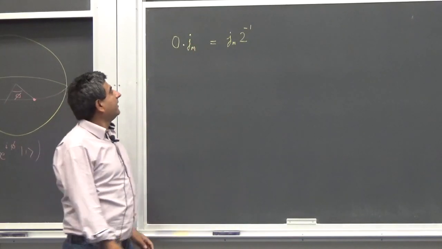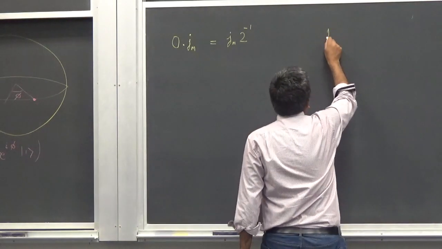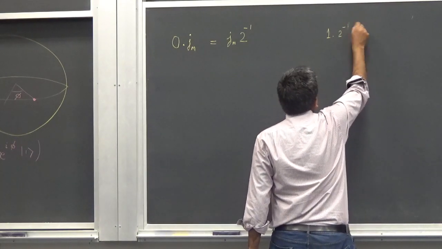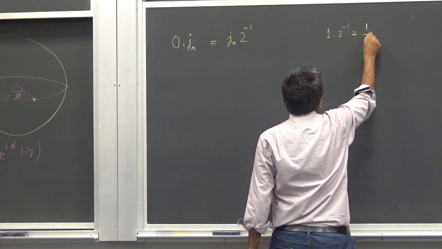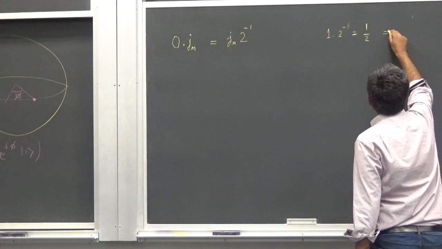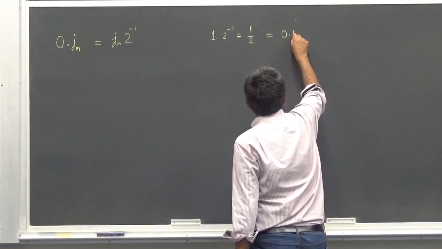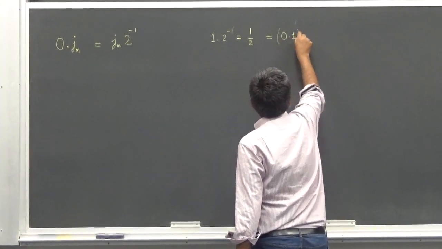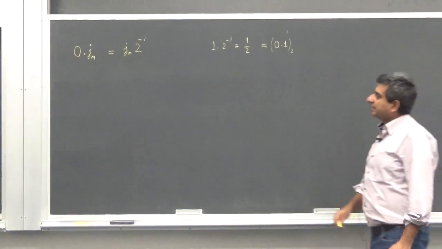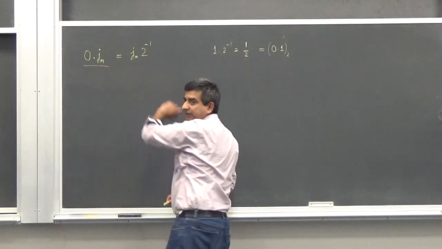So, for example, if I have 1 into 2 raised to power minus 1, this is 1/2. This is represented as the binary fraction 0.1.